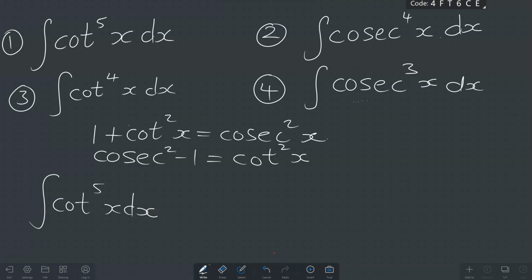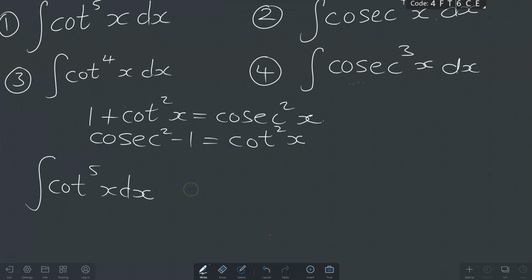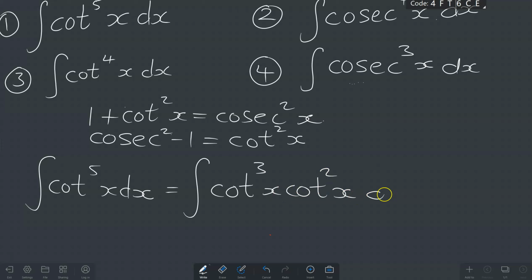Using this identity, we are going to isolate a cot squared from this. That means we change it to cot to the power 3 of x times cot squared of x dx.